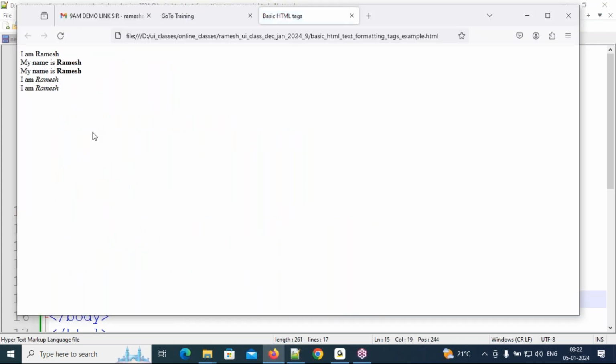What are we getting? Same. Is there any visible difference? Still they are not deprecating the I tag and B tag, so I put this. But the purpose is different. Important but italic letters, go for the EM tag. Not important but still italic letters, the I tag.